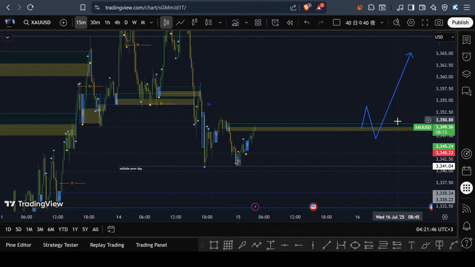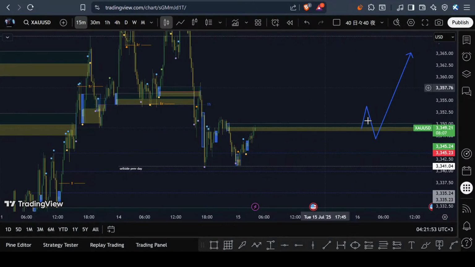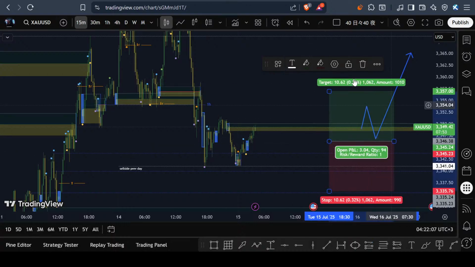Yeah, but if this happens, I'm gonna record it and throw it there. Essentially, that is what I'm waiting for. I'm waiting for the break, and basically I'll be looking for a long position.